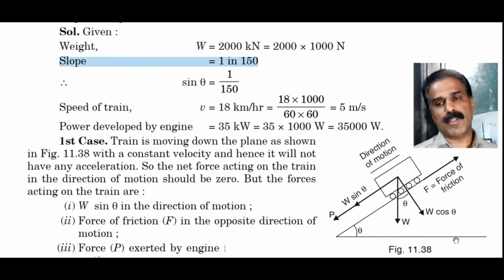That is 1 vertical out of 150 horizontal. If it is in kilometers, 1 kilometer vertical divided by 150 kilometers. If it is in meters, 1 meter divided by 150 meters, or 1 in 150 horizontal.